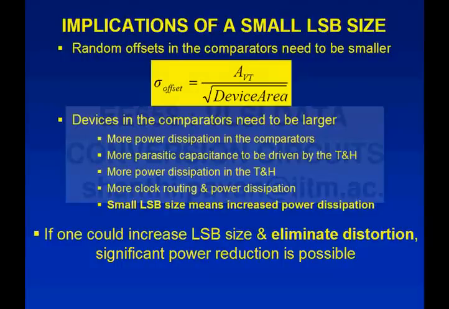Unfortunately, if you make the signals too large, we saw that our track and hold is less than ideal. So there is a fair amount of distortion introduced. So if one could somehow increase the LSB size and somehow get rid of distortion, without using an op amp of course, then you could significantly reduce the amount of power that you burn, simply because you can now tolerate much larger offsets, which means device sizes can be smaller.